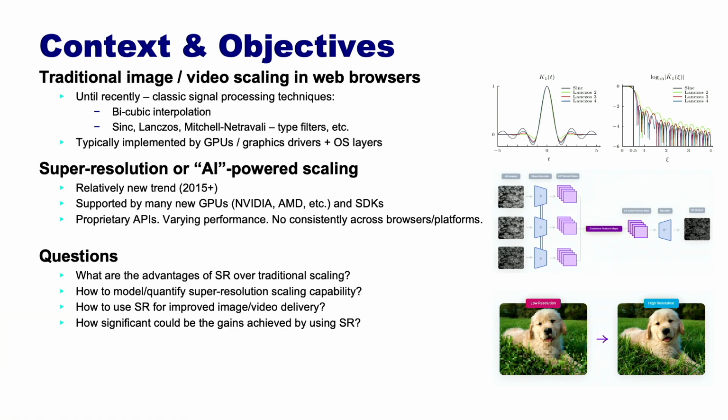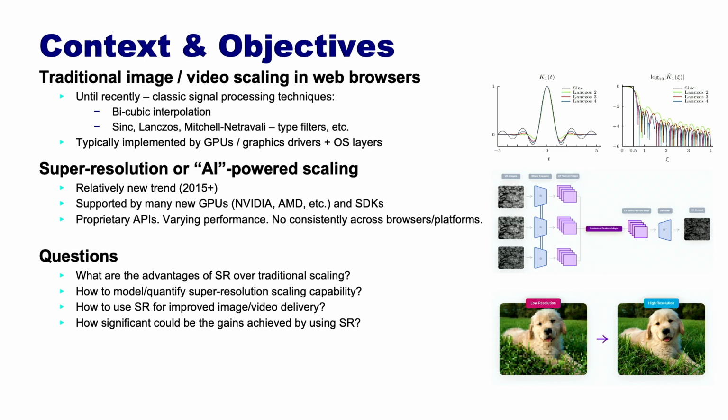But the introduction of this new paradigm brings with it a set of questions that need to be answered before it can be adopted into the mainstream ecosystem of video streaming. For example, what are the advantages of SR over traditional upscaling? How can we model or quantify super resolution scaling capability? That is a very important question that we need to answer.